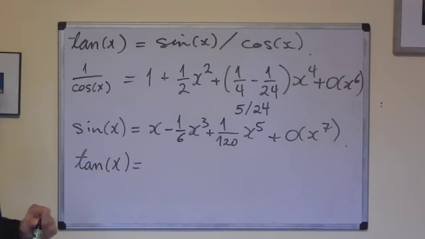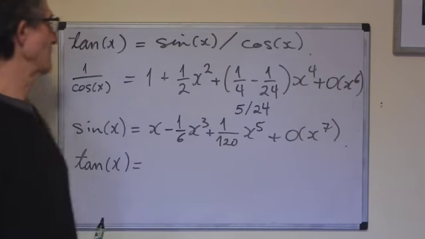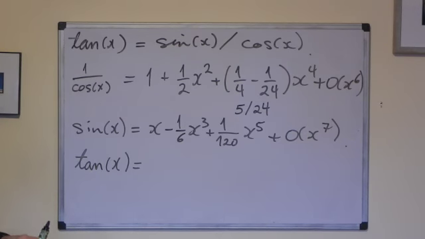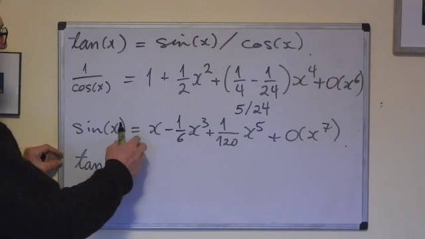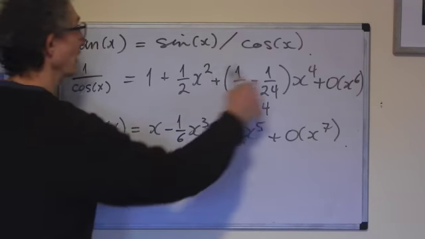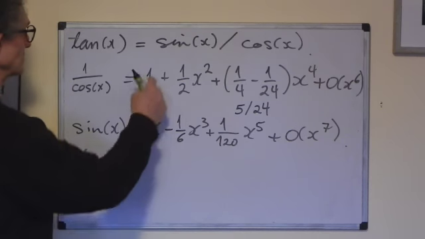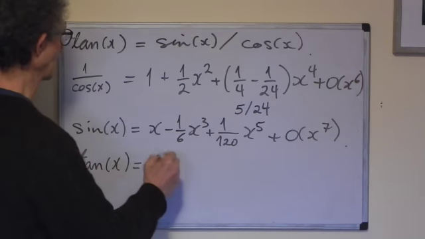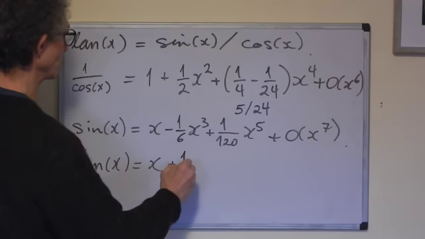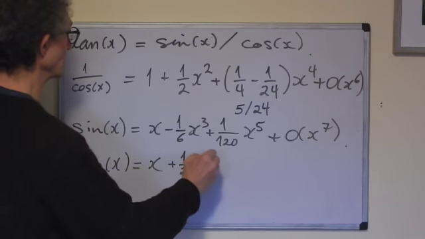And sine of x, we already knew what it was. Tangent is the product of sine and 1 over cosine. So let's do that. If I multiply everything here by everything here, I get x times 1, which is x. I get x times 1/2 x squared, which is 1/2 x cubed.